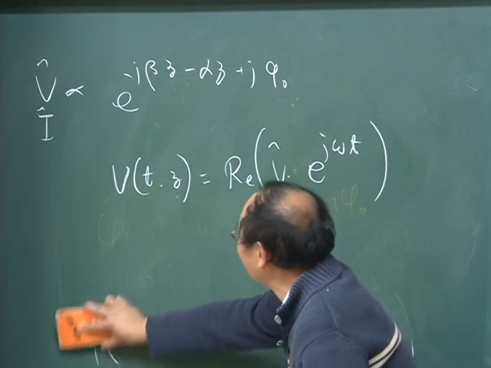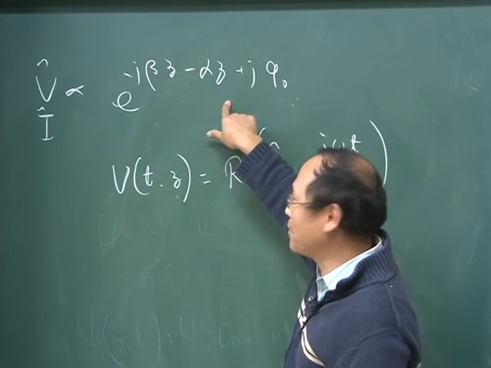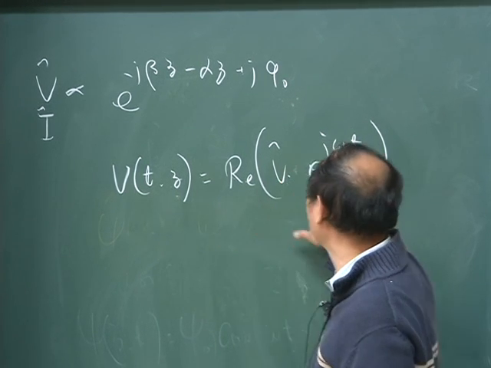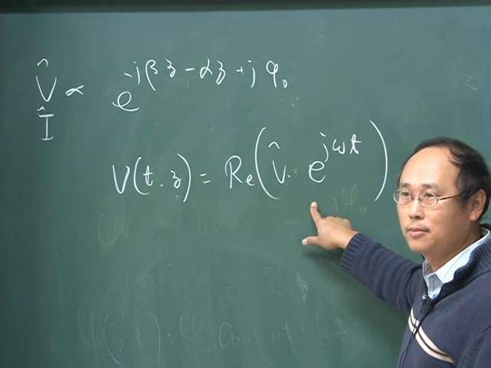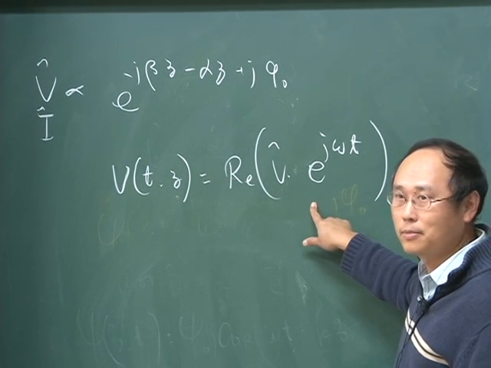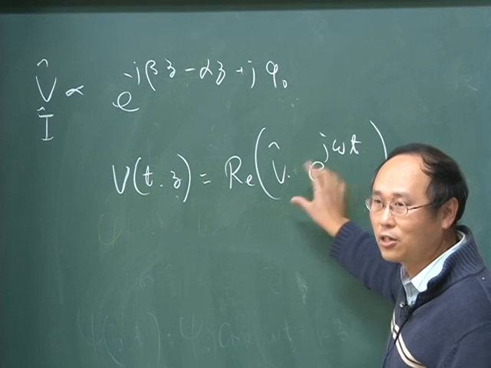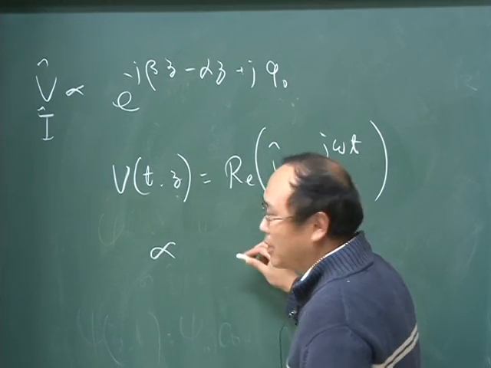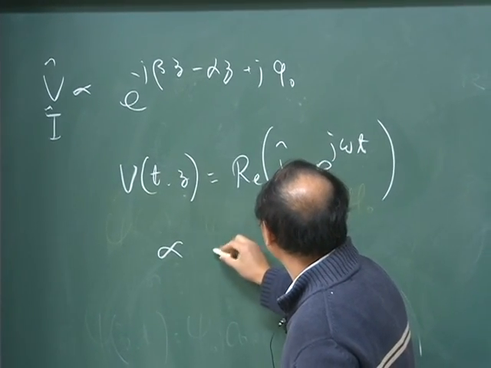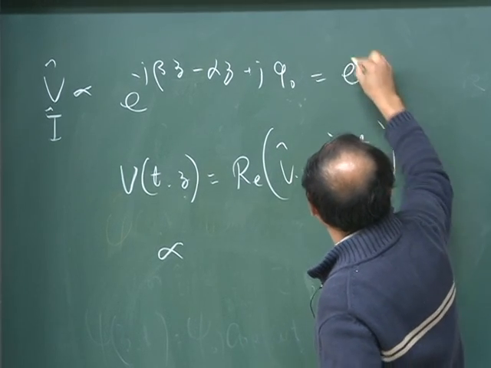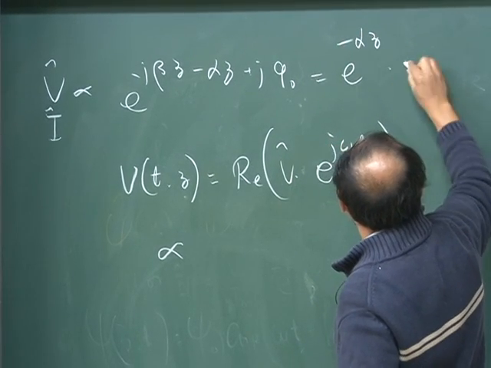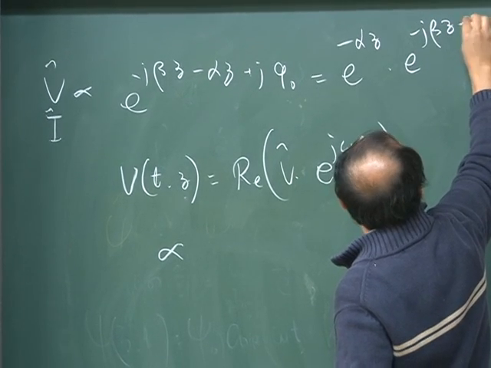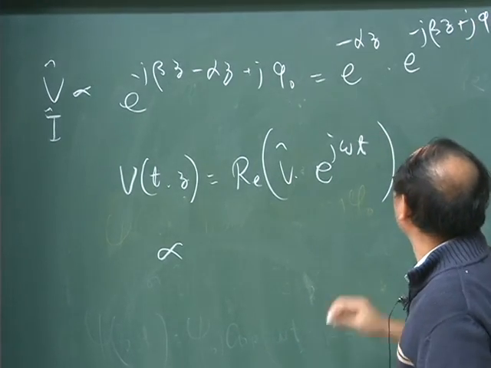Okay, so let's do this calculation. 我们现在要把这个 phasor 这种形式的解的 phasor 变成实际的这个真实世界里头的电压。We do this. Okay, everybody is familiar with it. Right, just multiply the whole thing, the phasor, with exponential j omega t. Then it becomes this, decomposed into minus alpha z multiplied with minus j beta z plus j phi 0.